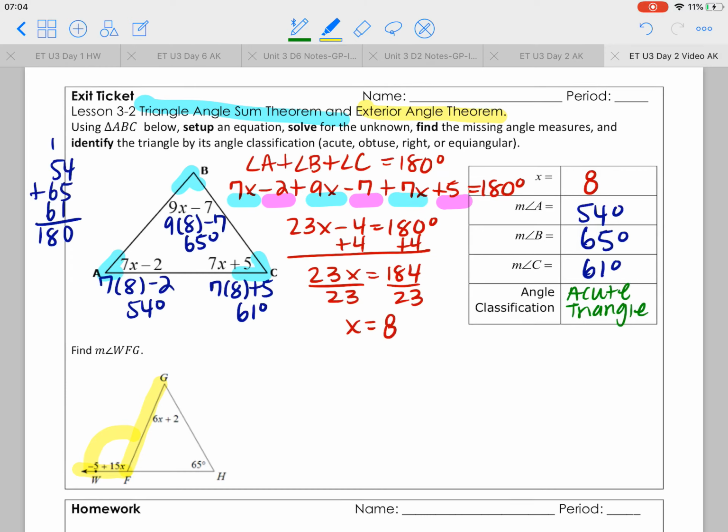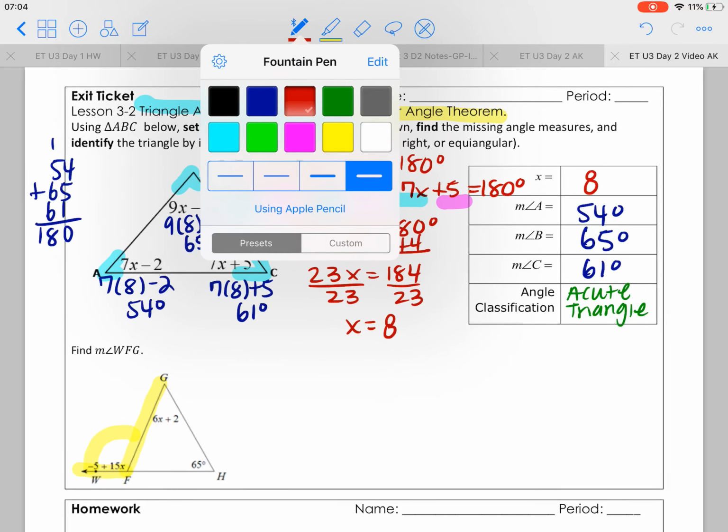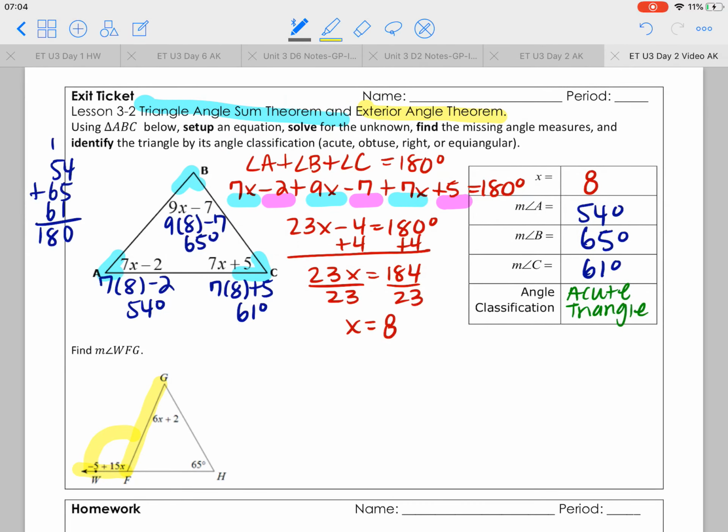I just want to remind you, because I know there are several students who are struggling with this, that the exterior angle is created by the extension of one of the sides. The non-adjacent angles, the angles that are not next to that exterior angle, such as angle G and H, are the remote interior angles.